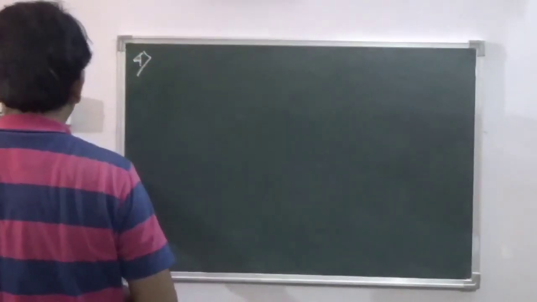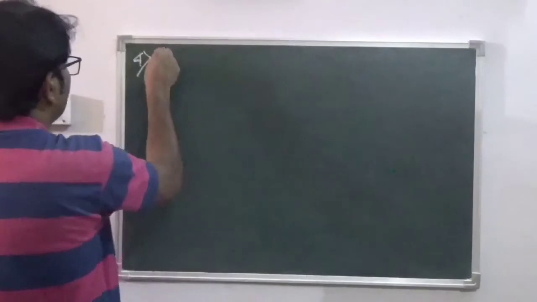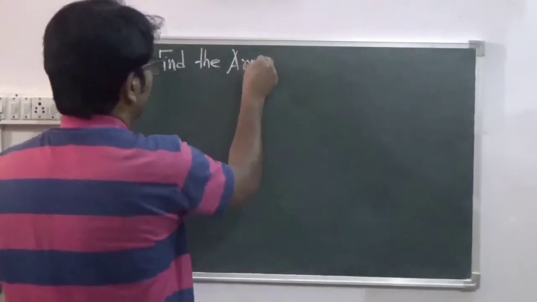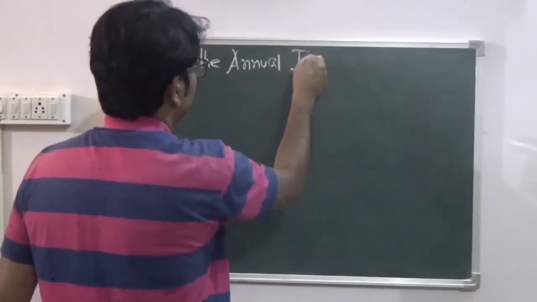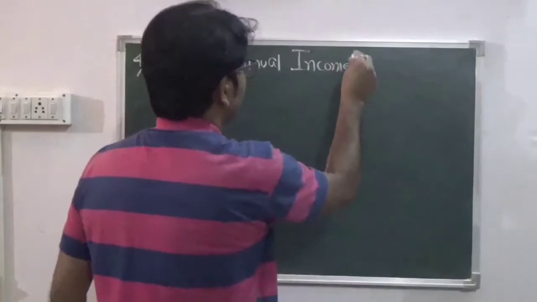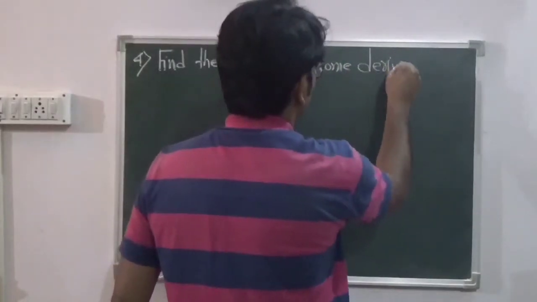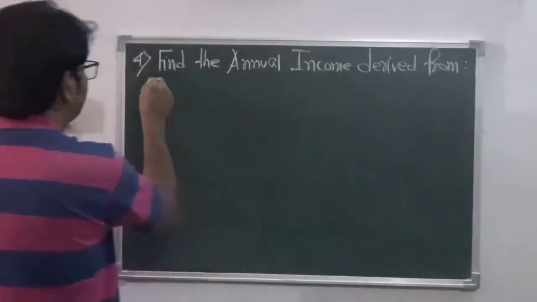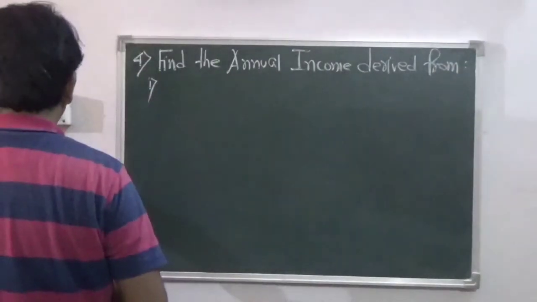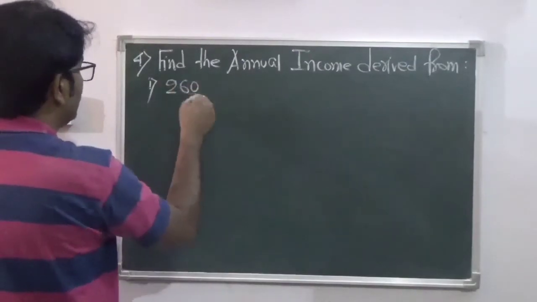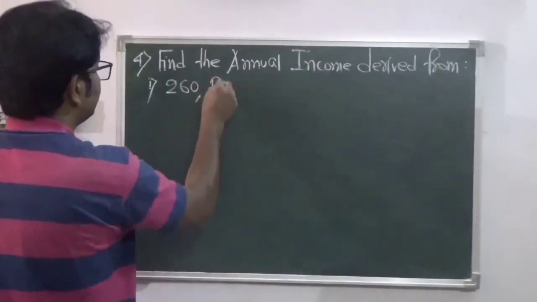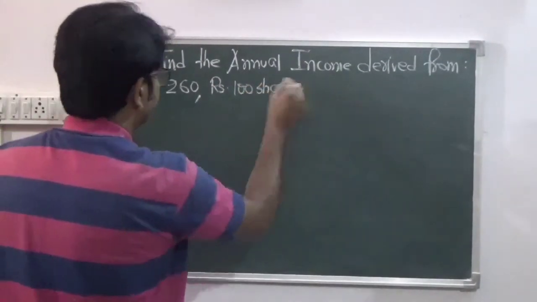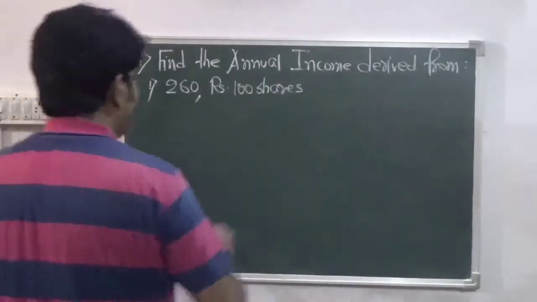Question number 4 is, find the annual income derived from number 1, 260, rupees 100 shares paying 15% dividend.